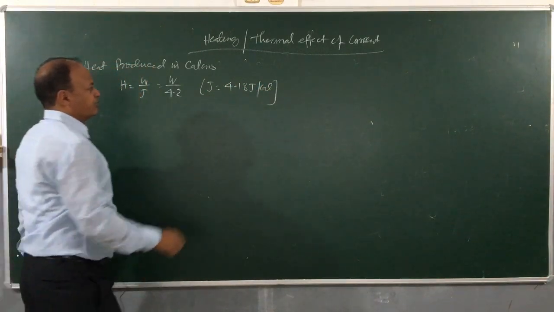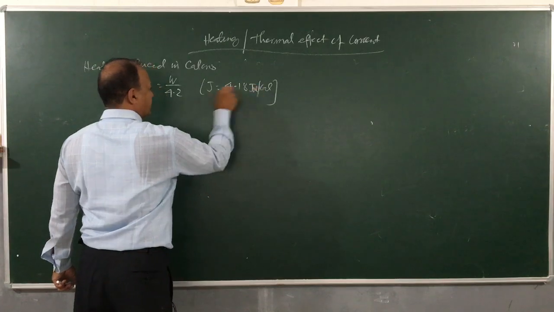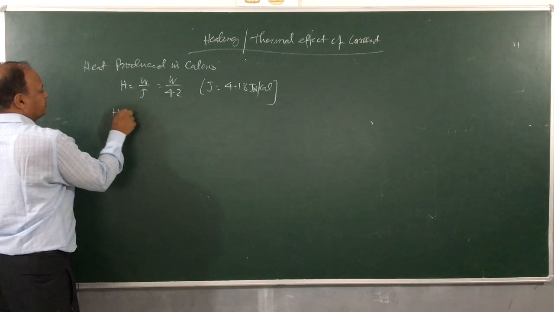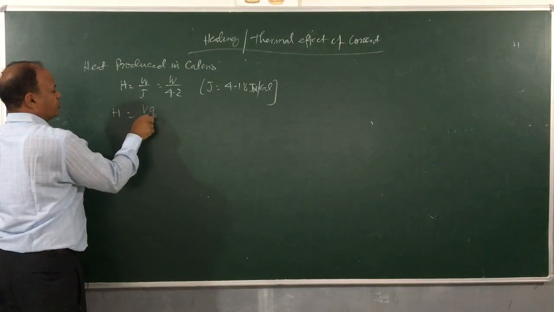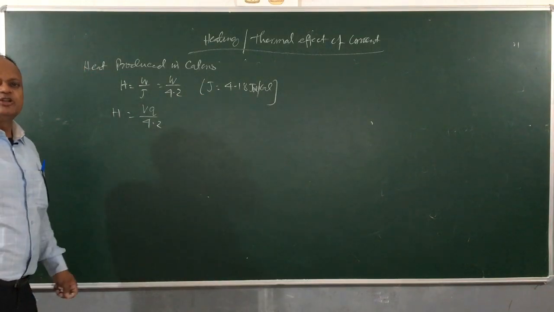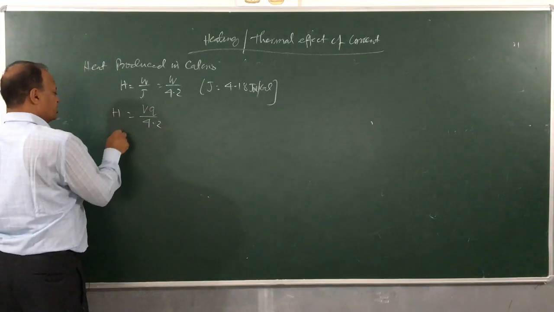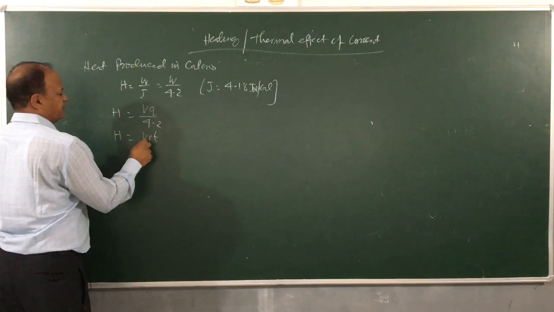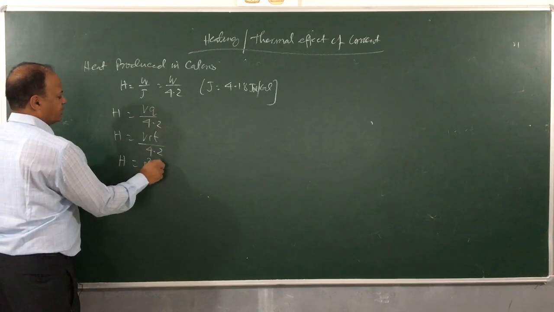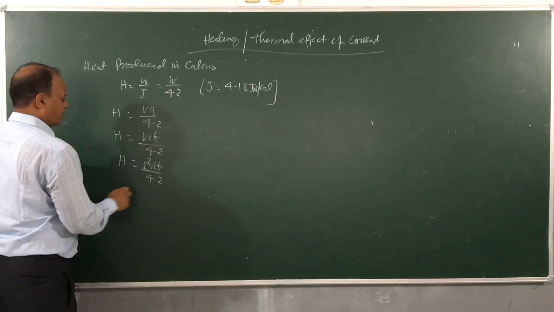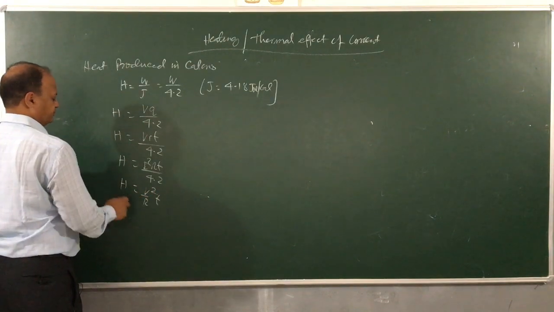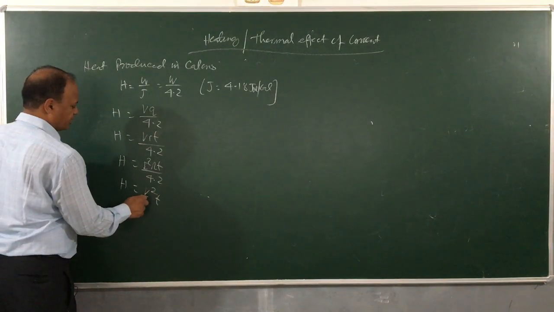Clear? I will let here joule so that you do not get J and J on both sides. If I use this, then H will be equal to VQ by 4.2. So, 4.18 we are approximately taking as 4.2, or H is equal to VIT by 4.2, H is equal to I square RT by 4.2, and H is equal to V square by R into T by 4.2.